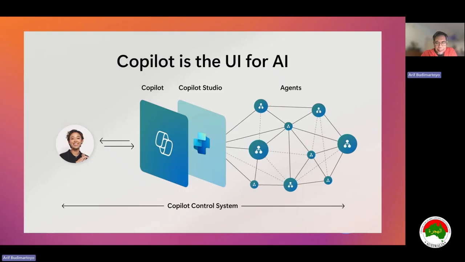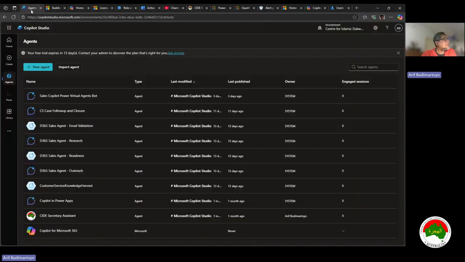Okay, that's the Copilot. I will show you how we go to Copilot Studio. A bunch of agents are listed here. We have created this agent as a CID secretary assistant.